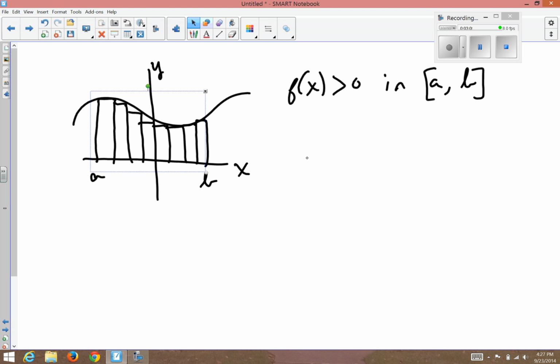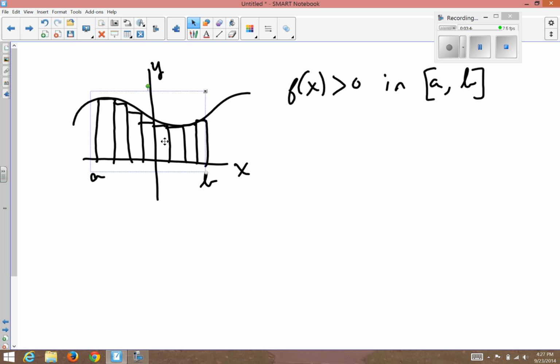Or we could use left rectangles or midpoint rectangles. Whatever, we add the areas of all the rectangles and we get an approximation for the area between the function and the x-axis from x equals a to x equals b. If we make these rectangles skinnier and skinnier so that we can fit more and more of them in the interval, the approximation gets better.